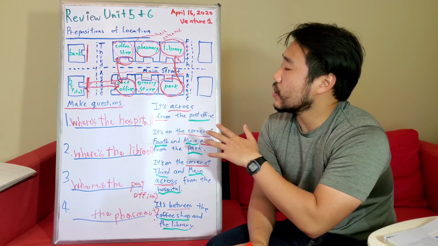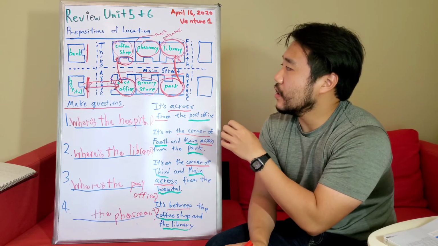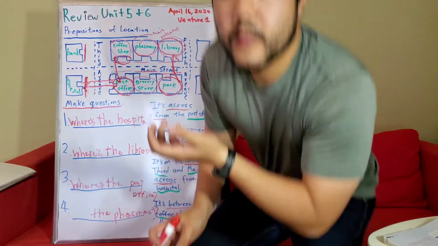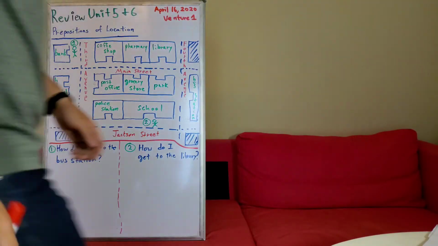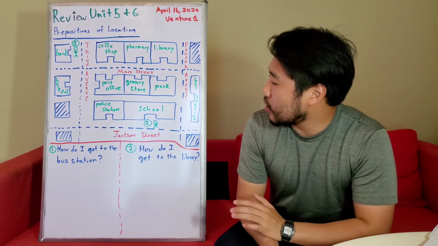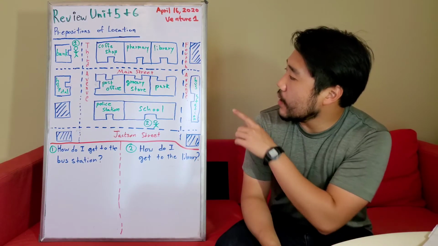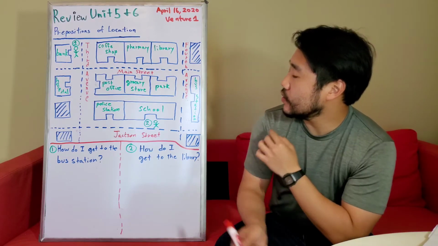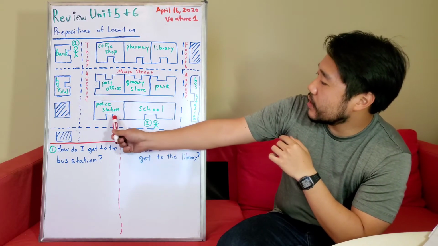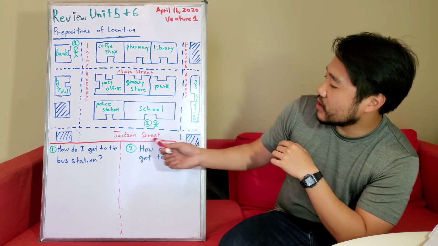Now what we're going to do is practice giving directions. In this exercise, I modified the map a little bit, so I added police station, school, bus station, and Jackson Street.